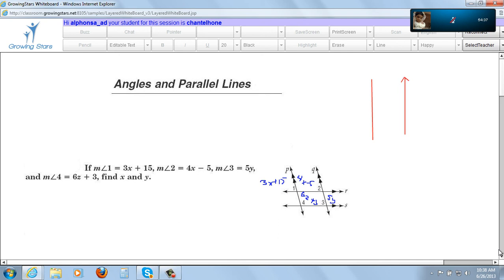Consider the transversal for 1 and 2 and the parallel lines. So what can you say about angles 1 and 2?